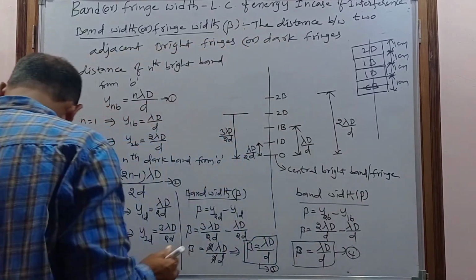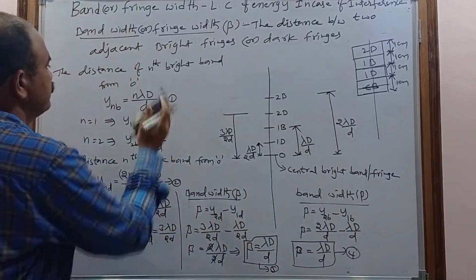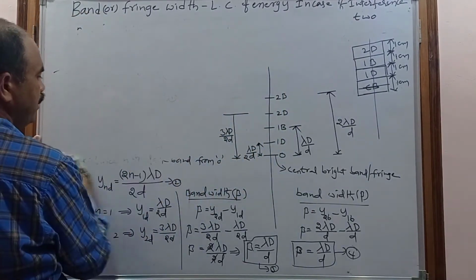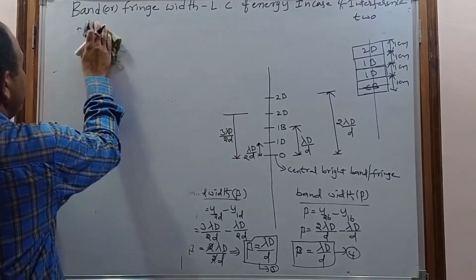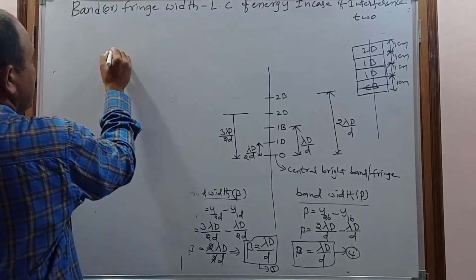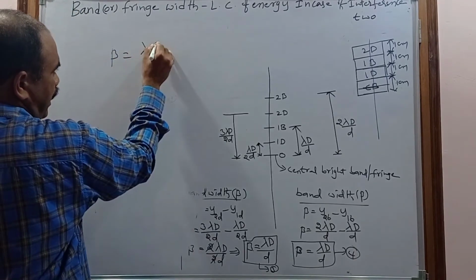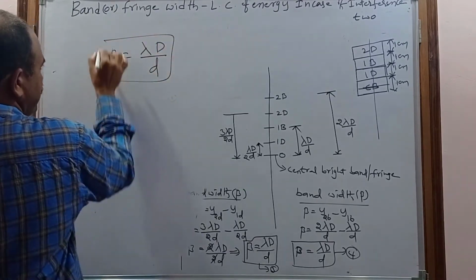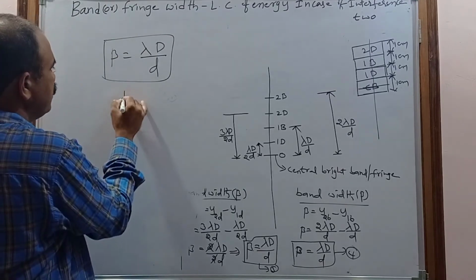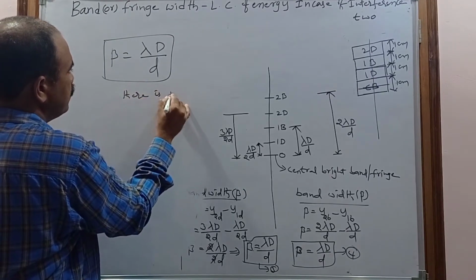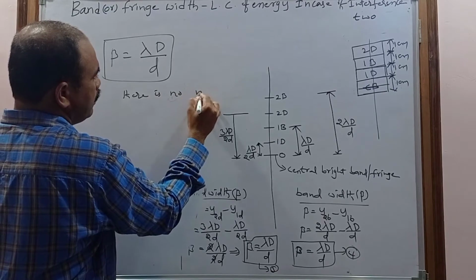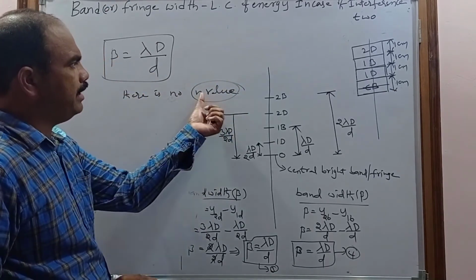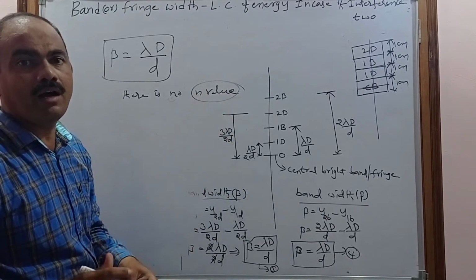Now if you observe the bandwidth formula, what is the bandwidth formula? The bandwidth beta is equal to lambda capital D by small d. In this equation there is no n value, so the bandwidth is independent of the order of the band.